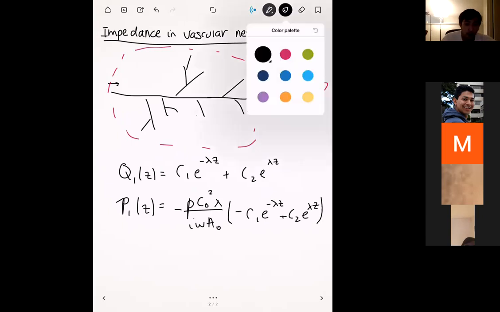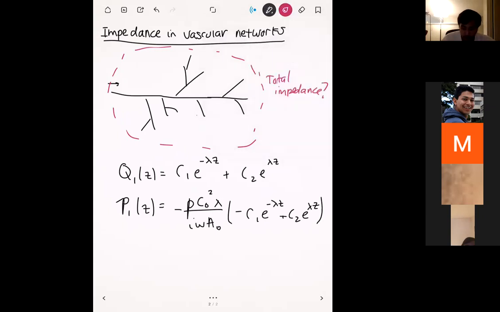All right. And where we left off last time was we have these two equations here, and we were in the middle of applying boundary conditions to solve for C1 and C2.